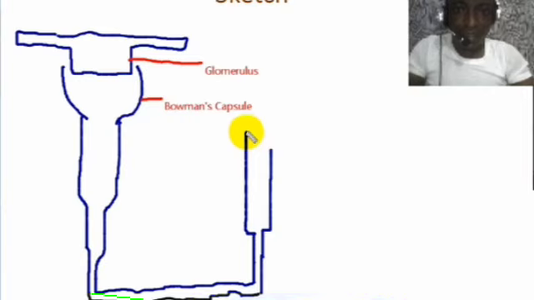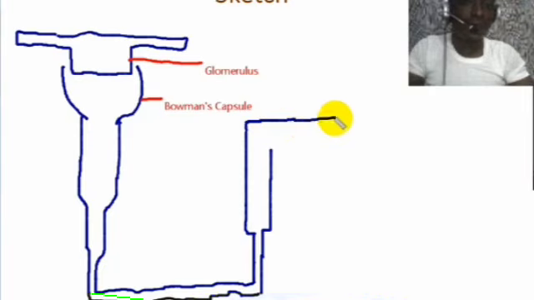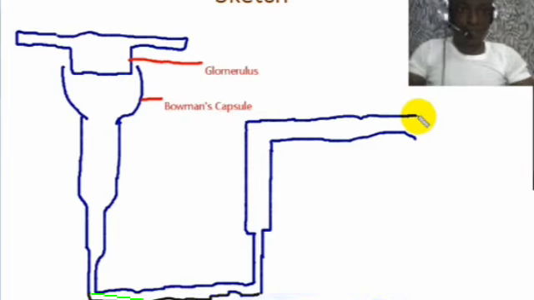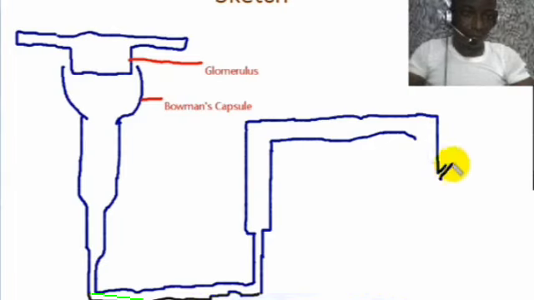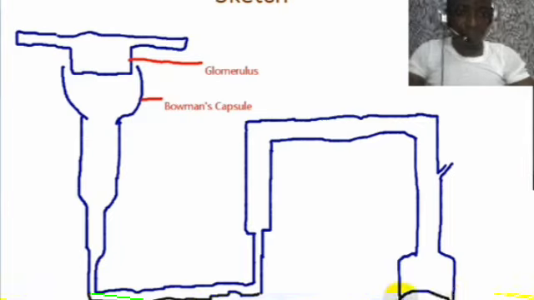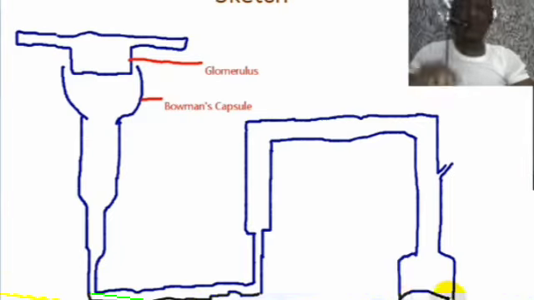From there, the distal convoluted tubule originates. Don't worry, I'm going to label the diagram for you to understand what I'm drawing. From the distal convoluted tubule, the collecting duct originates, and this collecting duct terminates in the renal pelvis. Fantastic. This is what the nephron looks like.